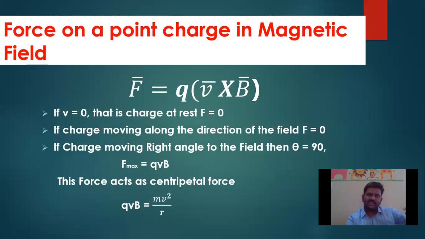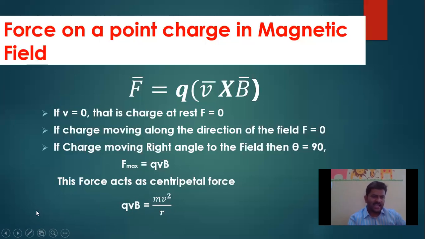If we take the radius of this circular path as R, then the centripetal force is given by mv square by R. This mv square by R is due to this QVB. That is why we equated these two. QVB is equal to mv square by R.